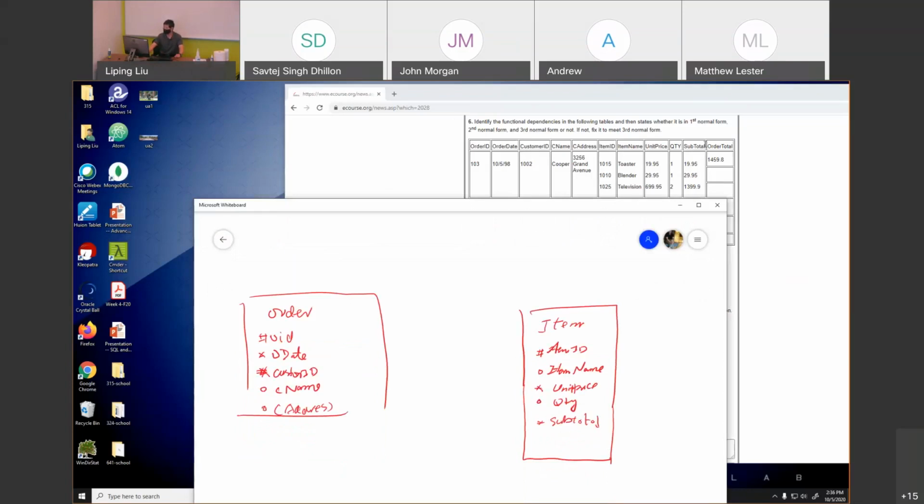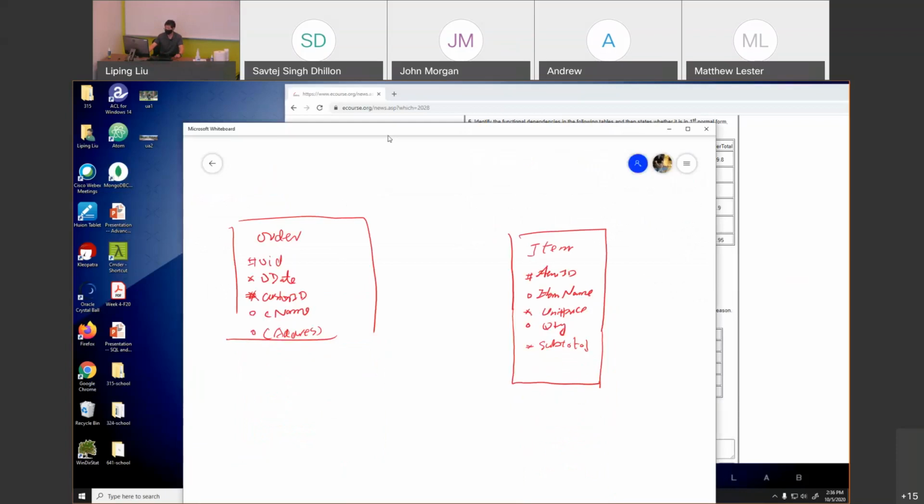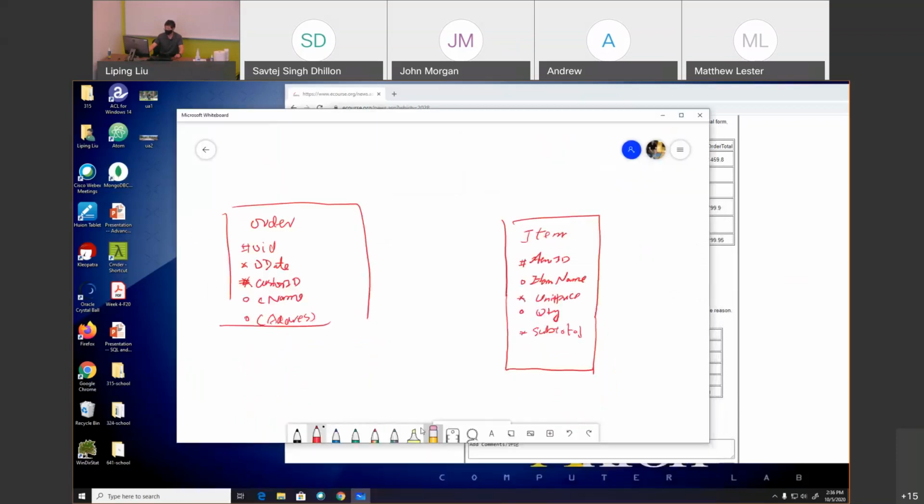I think I need one more column, which is optional. So I will do that. I'm just trying to get this eraser here. Okay, eraser. Okay, go back again.